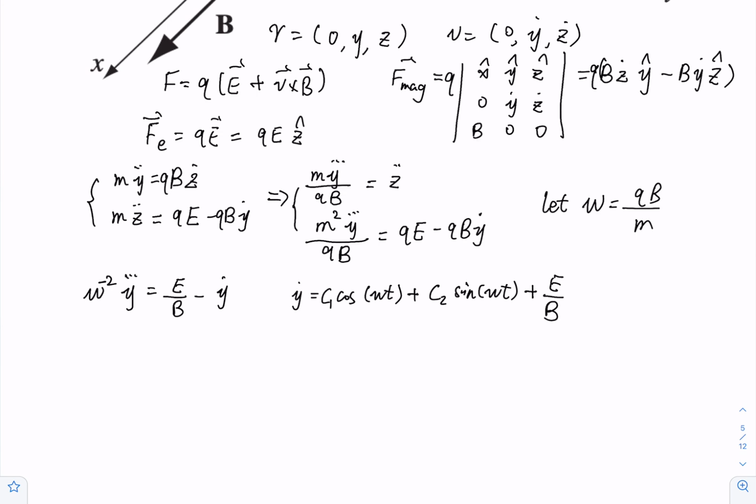Okay, so say we let omega equal qB over m, then what's over here is omega minus 2, and I think it solved the problem, right?